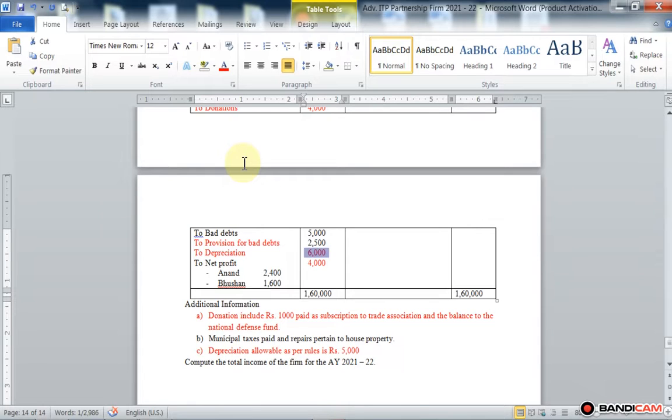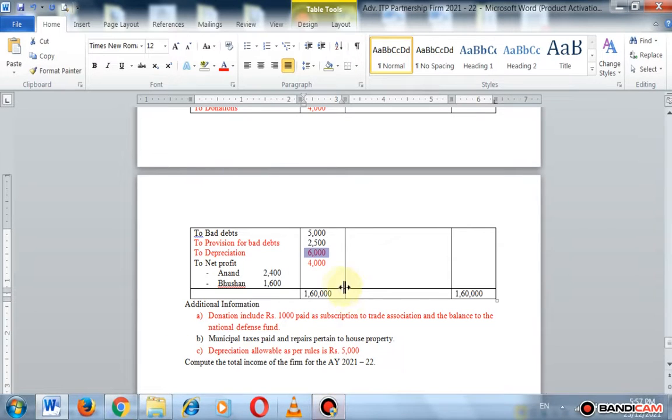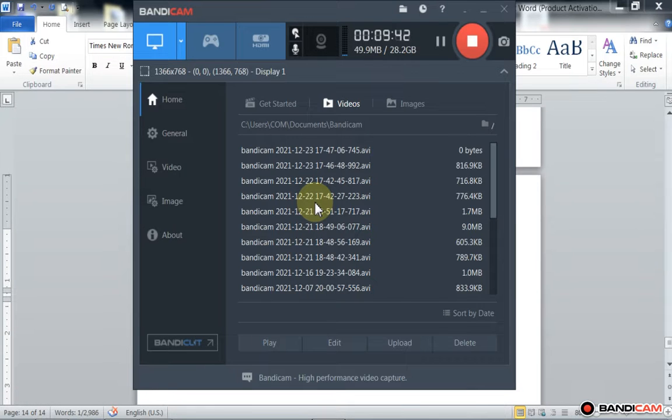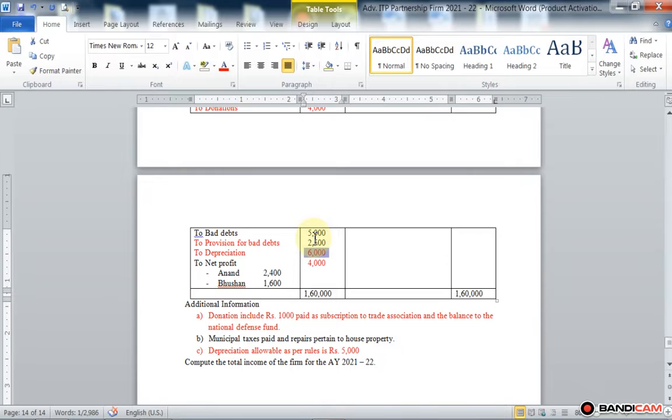So excess depreciation is charged on the debit side of profit and loss account. So excess depreciation is disallowed. So we make a star in front of depreciation, because additional information is provided on depreciation, that is actual depreciation on assets amounting to rupees 5,000.